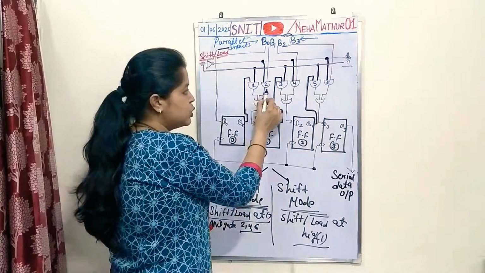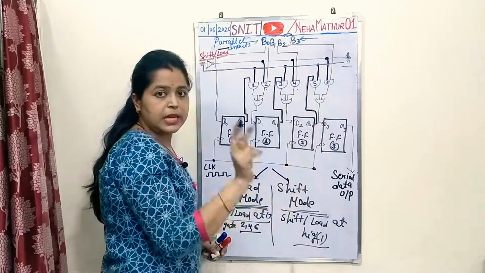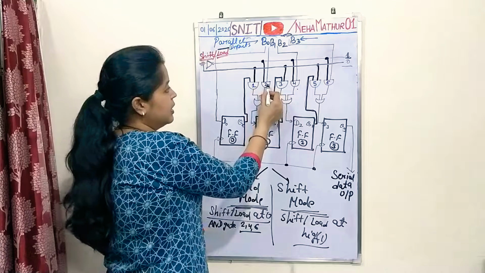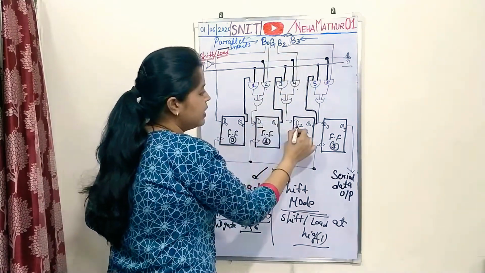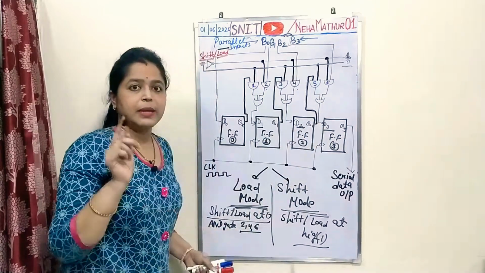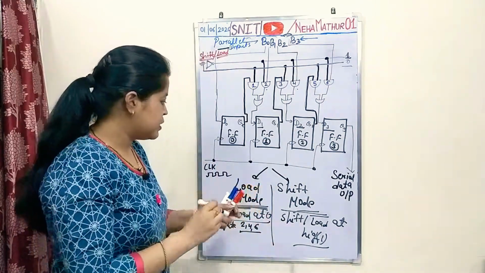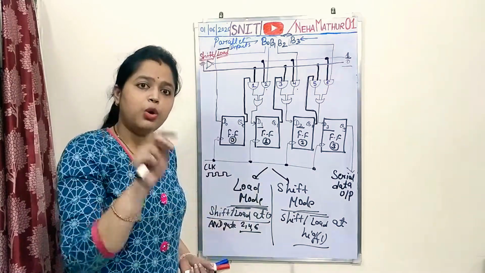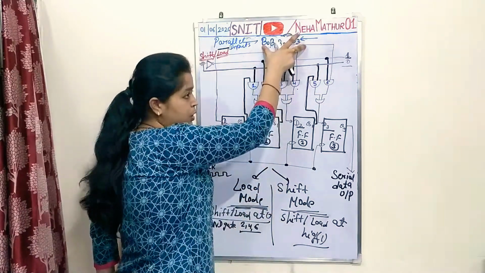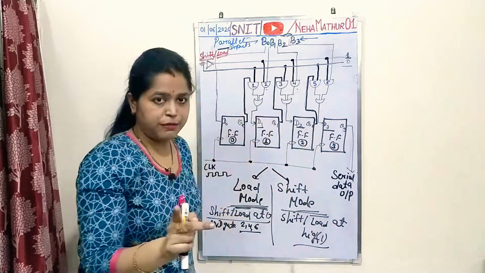Now these gates 2, 4 and 6 are able to provide their respective inputs to D1, D2 and D3. I am again repeating, in this mode of operation, loading mode, you are just trying to load your binary input to their respective flip-flops.